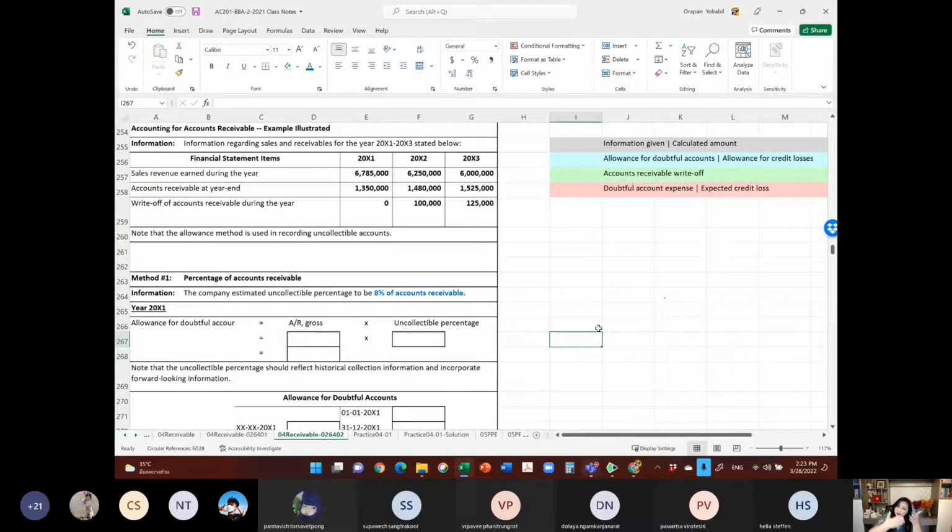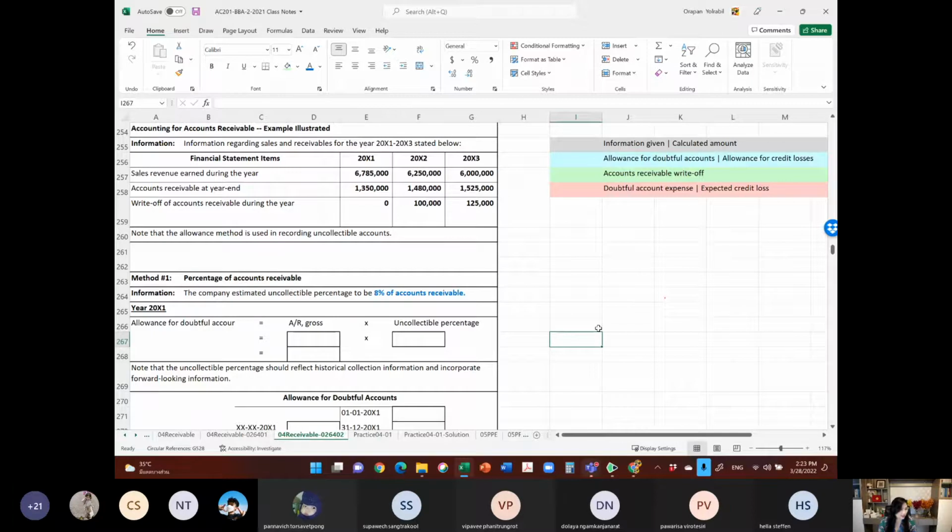And then you incorporate the forward-looking information into it. For example, nowadays the economic condition is really bad. We are turning to a depression period, and there would be a lot of impact on businesses because of the pandemic and the government policies.